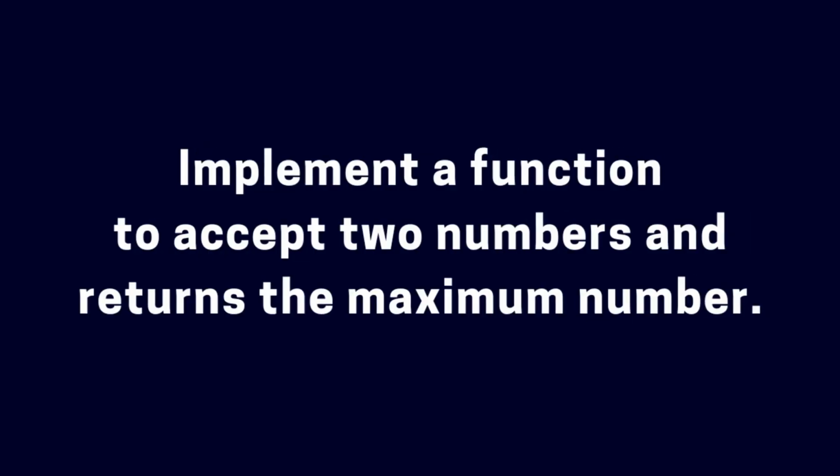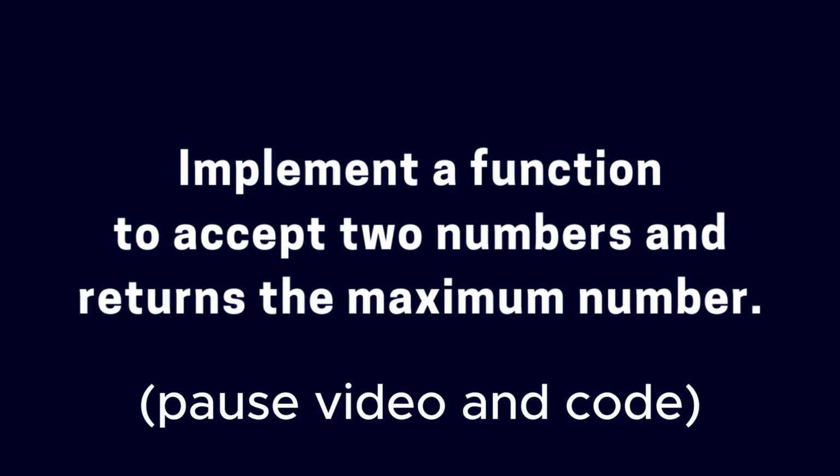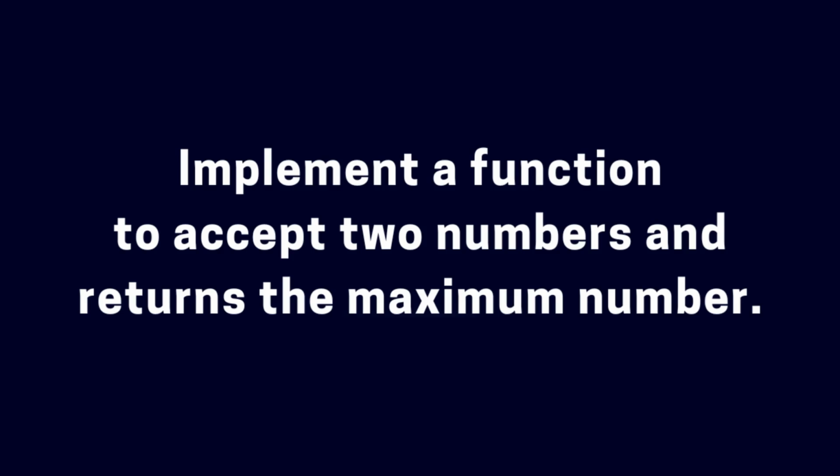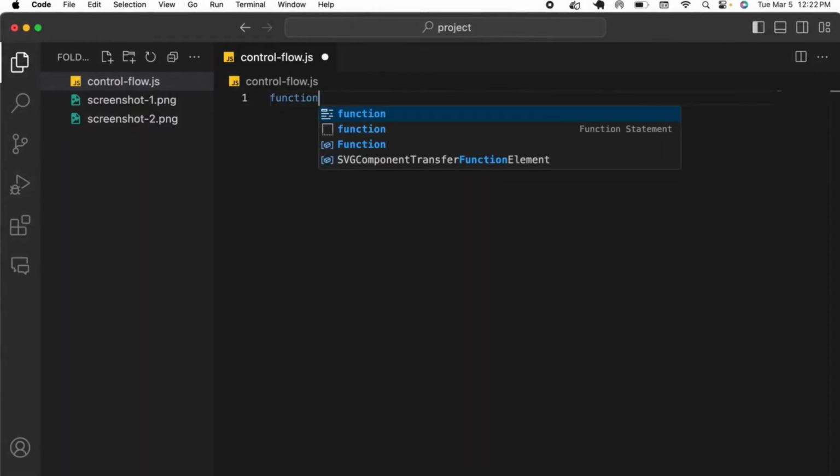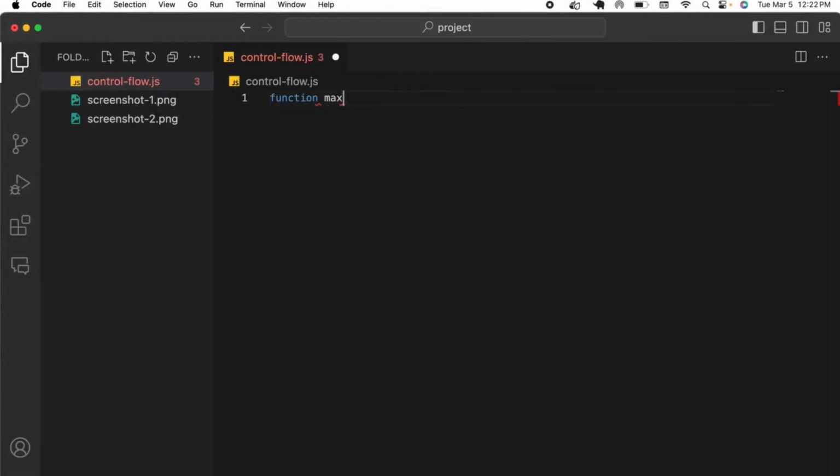Implement a function that accepts two numbers and returns the maximum number. So we'll create our function with the function keyword and we'll name it maxNum. Now we need to take in two parameter variables.